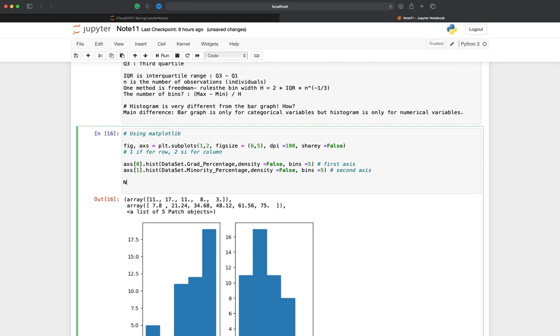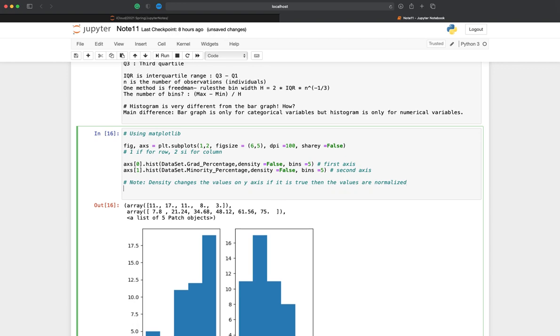Okay, I'm going to write down a note for you here. Density changes the y-axis. If it is true, changes the values on y-axis. If it is true, then the values are normalized, right?